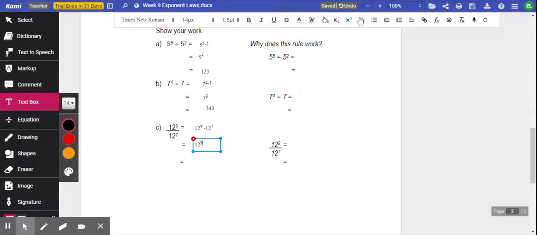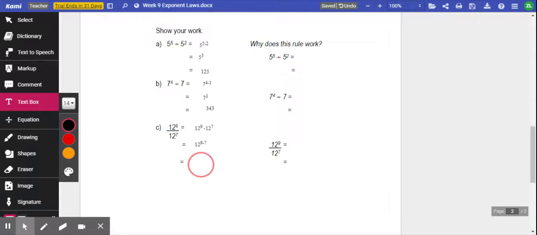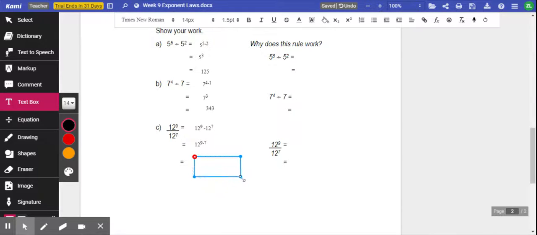And then if we finally do that, 12 to the power of 9 minus 7, or 12 to the power of 2. Okay. In this case, 12 times 12 equaling 144. So that's all for this week.